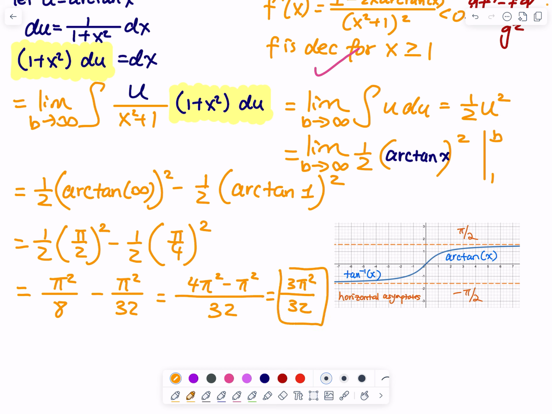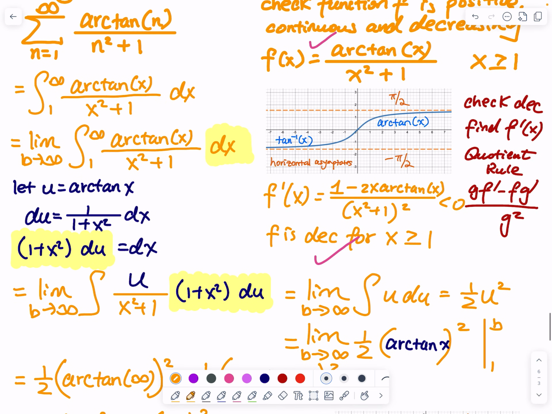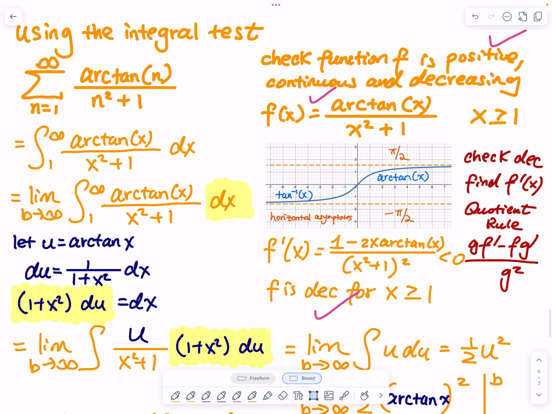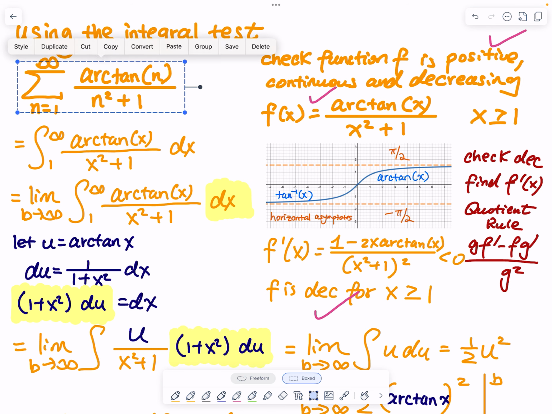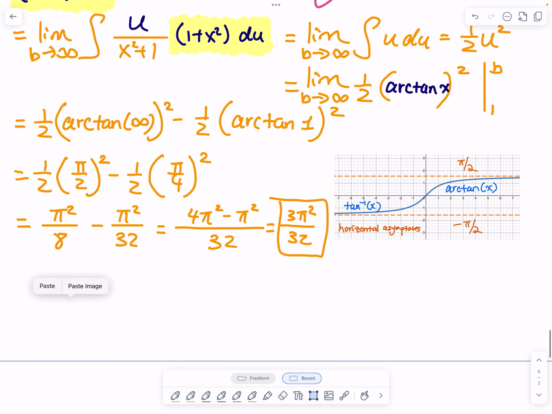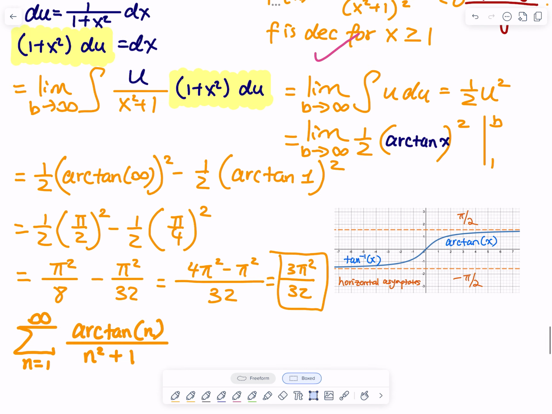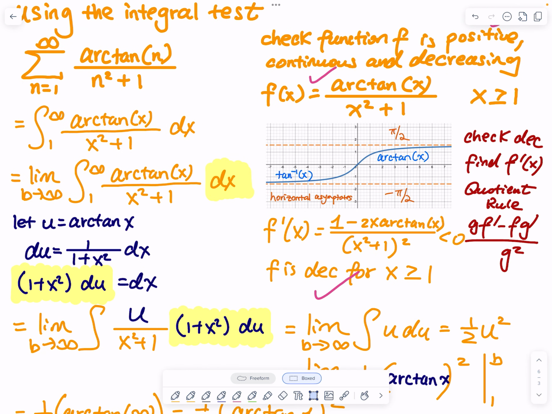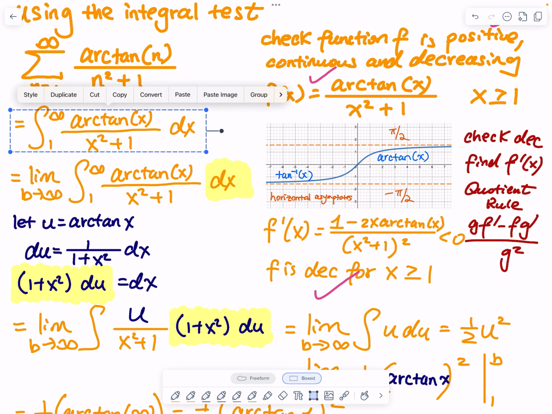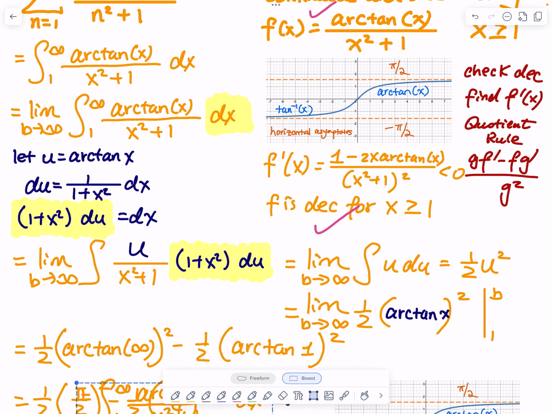What does that mean? Okay, that means this. I have this integral and this summation, so I'm going to copy and then paste. I have this series that is equal to this integral. Then I will just move that.